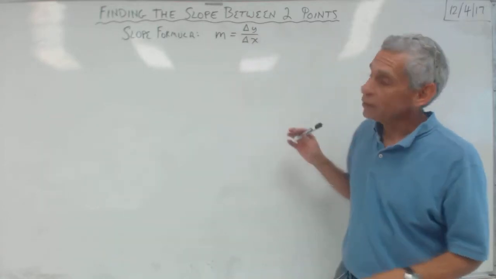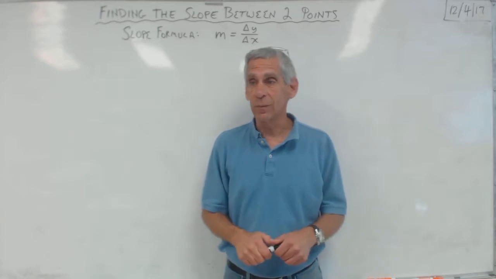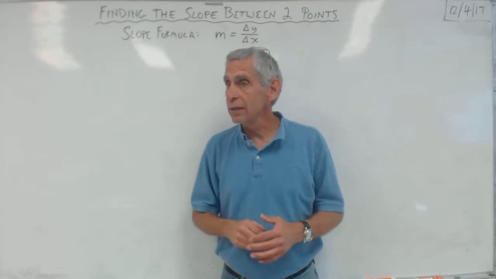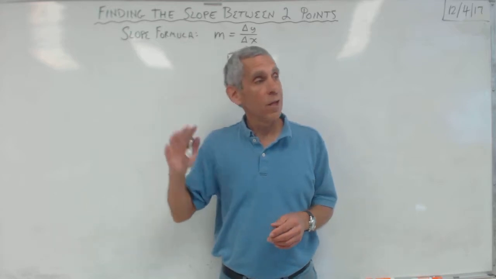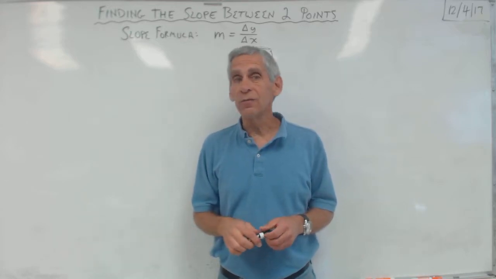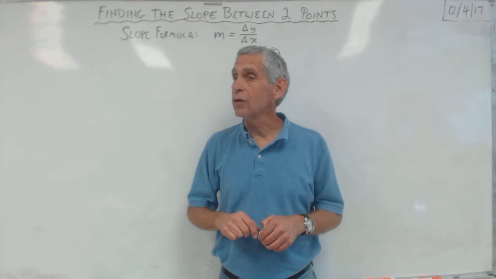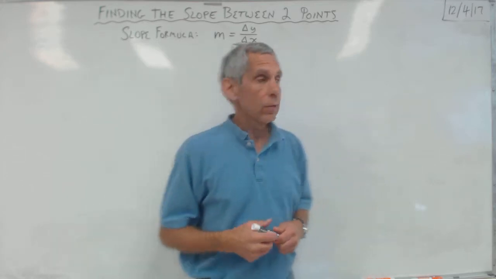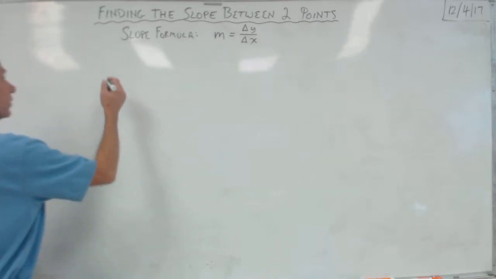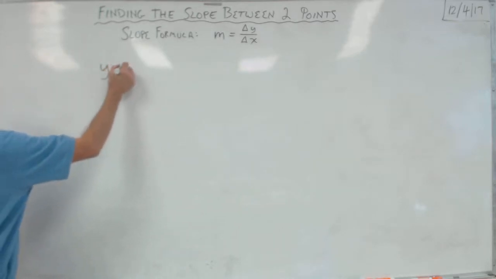But finding the slope between 2 points, this will definitely be on a test. This is a really important concept. You already know how to graph a slope. Am I right? If I gave you something like this, what formula is this again?